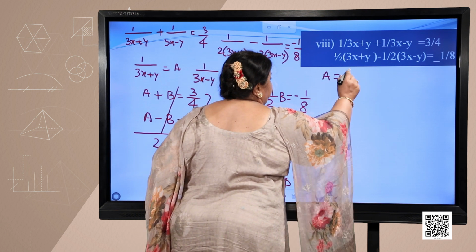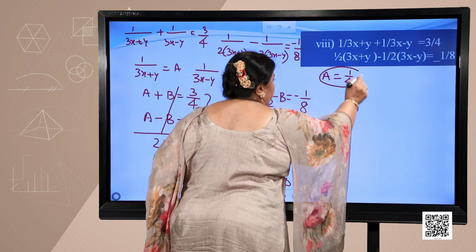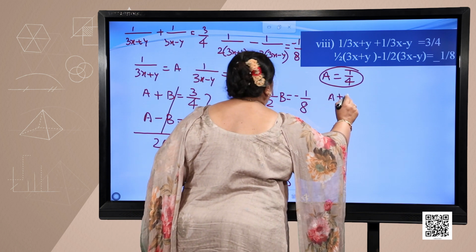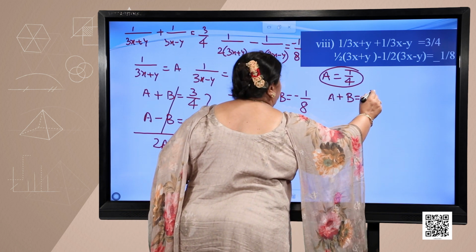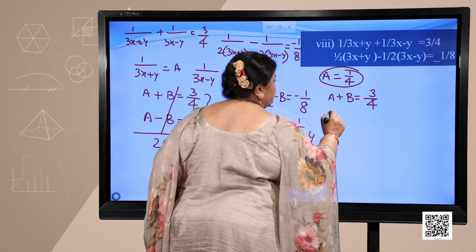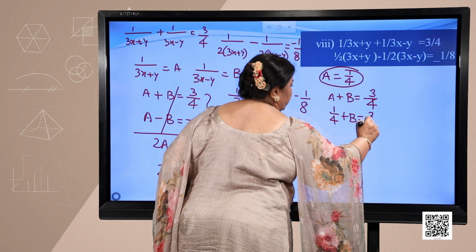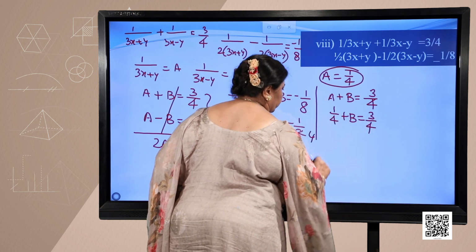Let us write here. Now, let us take an equation and find out the value of b. This is 3 upon 4. So, 1 upon 4 plus b is equal to 3 upon 4.